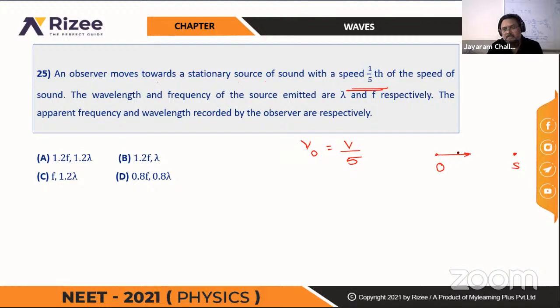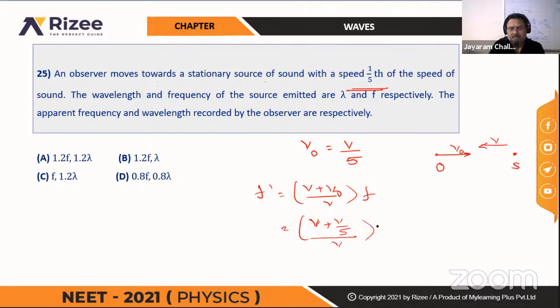So since he is moving in this direction with the velocity of v naught, sound direction in this direction, both of them are in the opposite direction. f dash is equal to v plus v naught by v into f. Substitute the v naught value, that is v plus v by 5 by v into f, and that should be 6 by 5, in the sense 1.2 times of f.